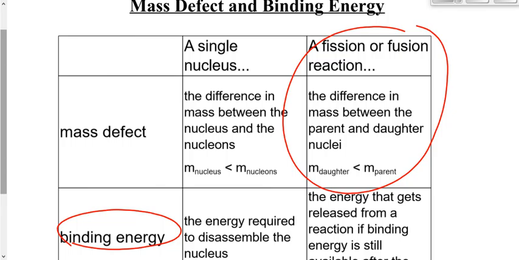To me, that just seems so strange: the mass of the parts does not equal the mass of the whole. The mass of what makes up the nucleus is more than the mass of the nucleus itself.